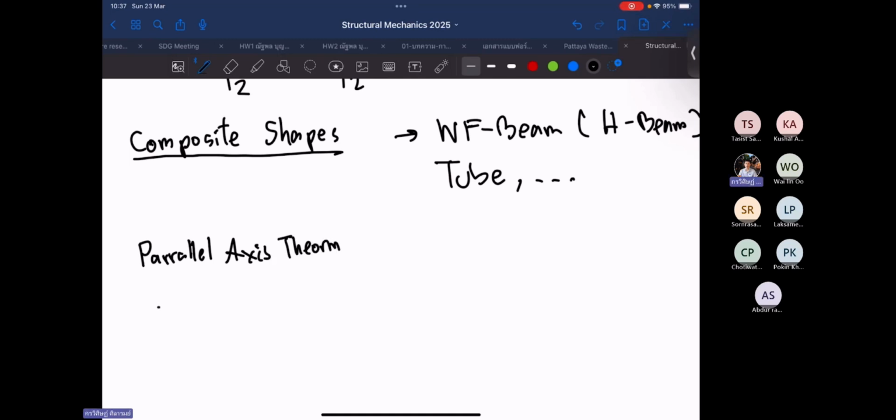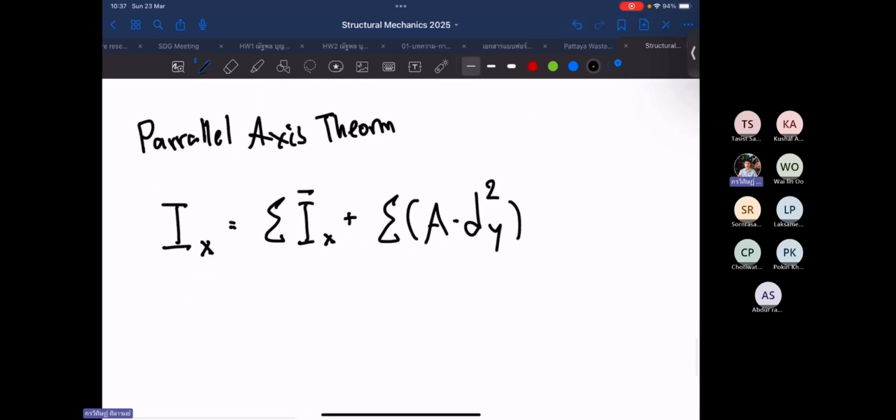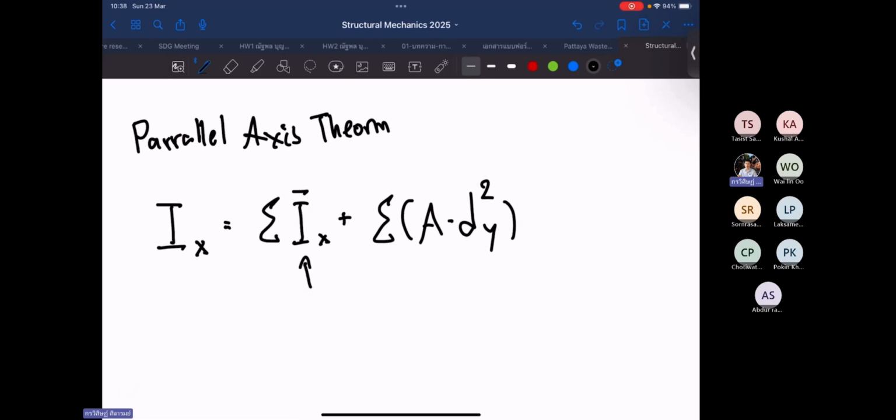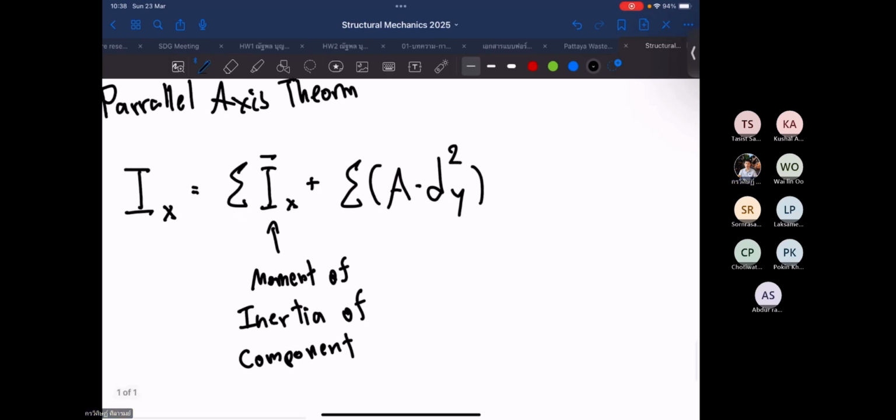The moment of inertia in the x-axis must be equal to the summation of the small moment of inertia of each simple piece in the x direction, plus the summation of the small area multiplied by dy squared. Here Ic is the moment of inertia of the component, a simple one.